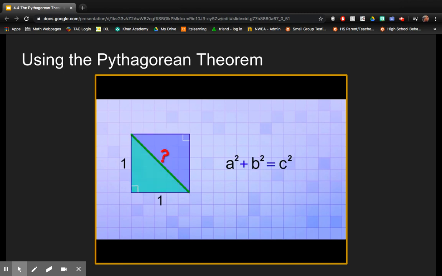We label the legs of the right triangle A and B and the hypotenuse C. And since we know that A and B are both 1, we can plug those values into the Pythagorean theorem equation, which gives us 1 squared plus 1 squared equals C squared. Now we solve for C. 1 squared is just 1, so the left side of this equation simplifies to 1 plus 1, which is just 2. That means C squared equals 2, and if we take the square root of both sides, we get C equals the square root of 2. So that's how far it is across the diagonal of the unit square.